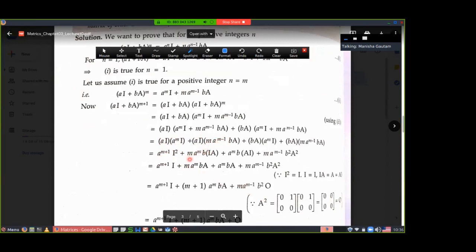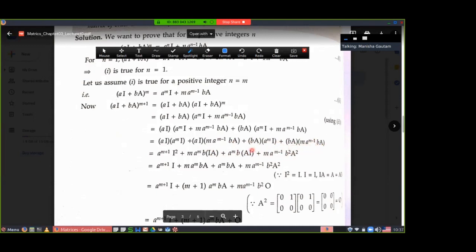M as it is. B I into A. Matrix multiplied by matrix, I into A. Here scalar multiplied by scalar, B into a to the power m. And A matrix multiplied by the identity matrix. In the next term, B m a to the power m minus 1. Scalars are collected together and matrices are collected together.